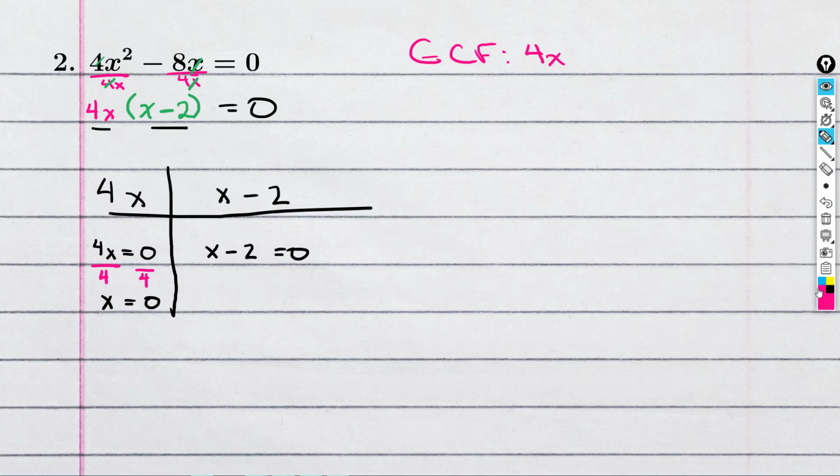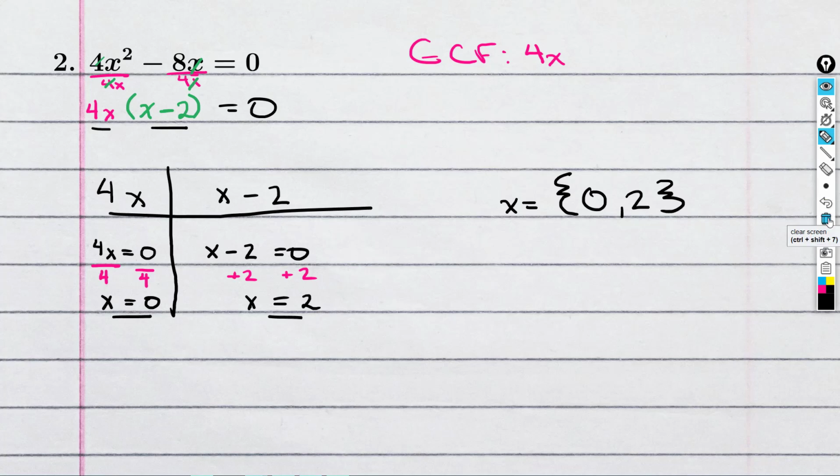If I was to move that minus 2 to the other side, I would need to add. And so x equals a positive 2. So I have my 2 solutions. So now I go to my set notation. So x equals the set. Smallest number is 0, comma, 2. So that's whenever you just have a GCF that can factor out.